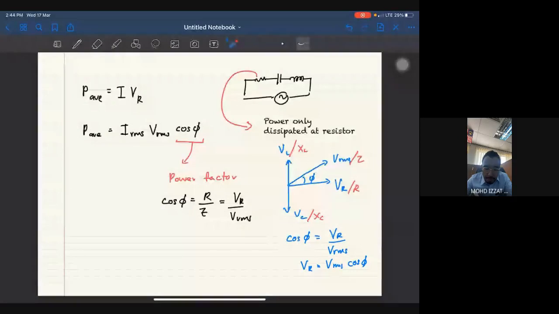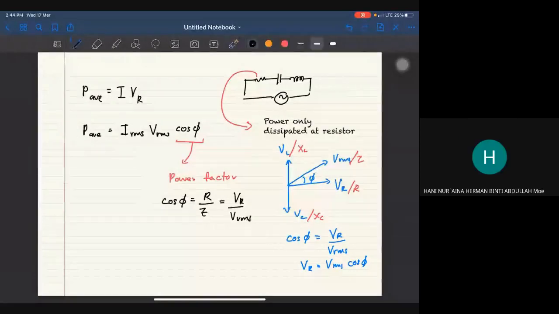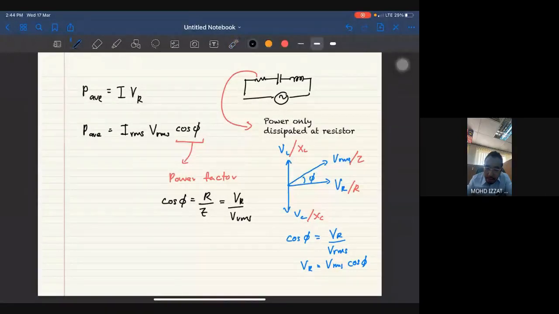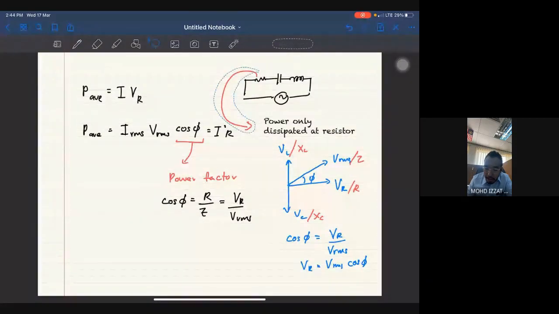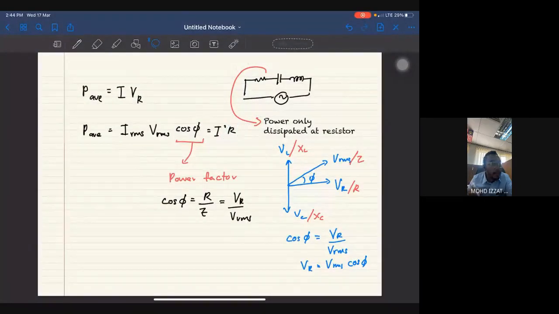Tapi kan, my advice is, if you have R, alright, always try to use P equals to I square R. Kalau saya masih pakai I square R, dan saya nak pakai benda lain, normally I will use P equals to I square R. Because if you use I square R, immediately you use R lah. So memang takkan salah.